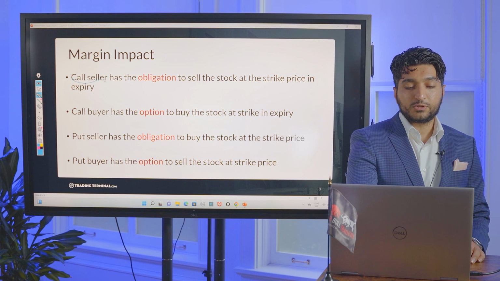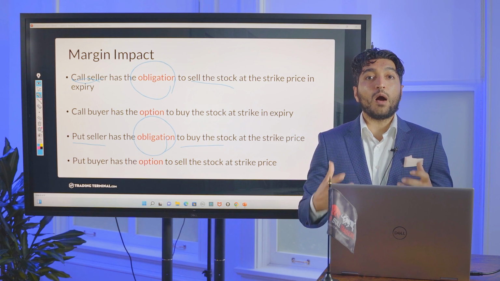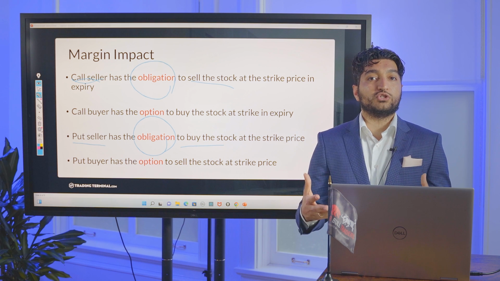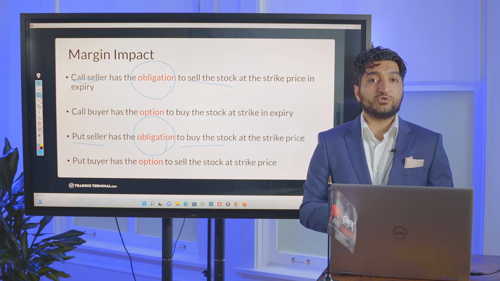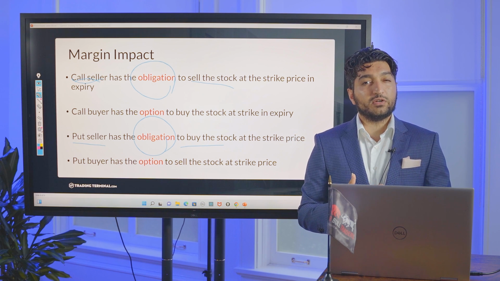Whenever you sell an option, you're obligated. Whether you're a call seller or put seller, you have the obligation to buy or sell the underlying stock. So whenever you're obligated, that means you need to put more money up front, and you have to use your margin account. And that's where it becomes a little tricky, and that's where the losses become really large for beginner traders.